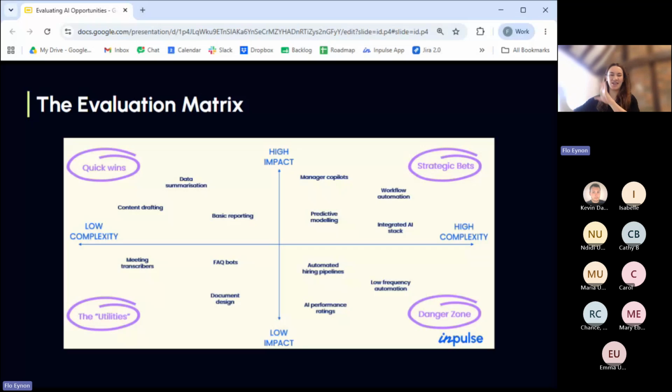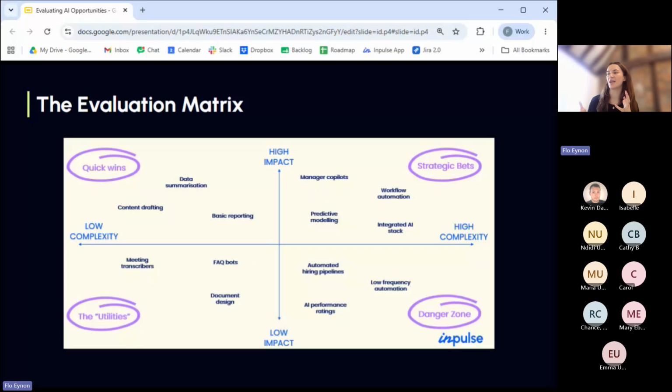You'll see in each of these quadrants you have a different sort of theme. If something in the top left quadrant is high impact but low complexity, then we call that a quick win. These are things that are really valuable in practice. They don't take much cost or resource to implement.